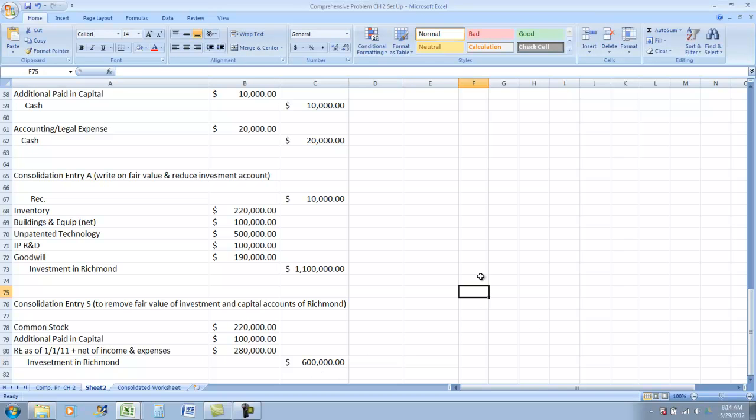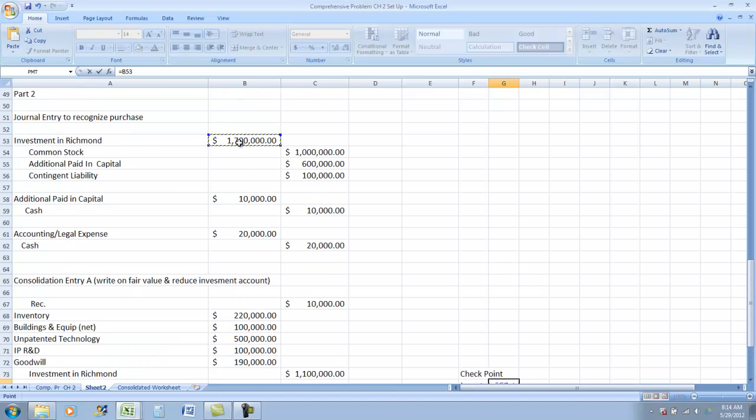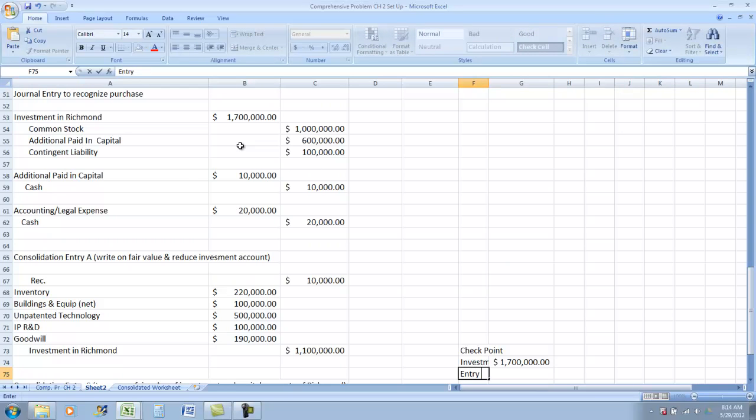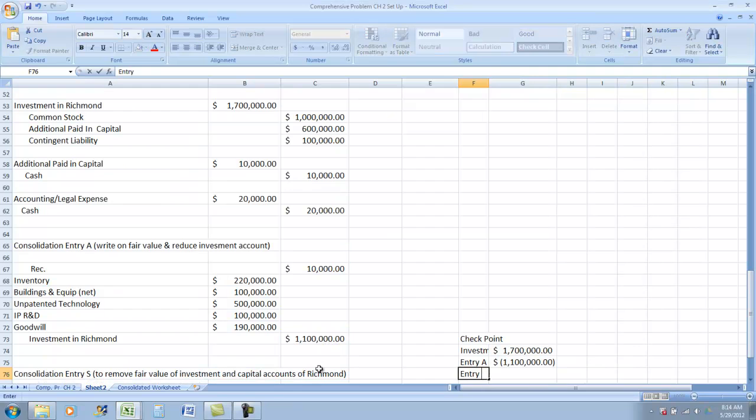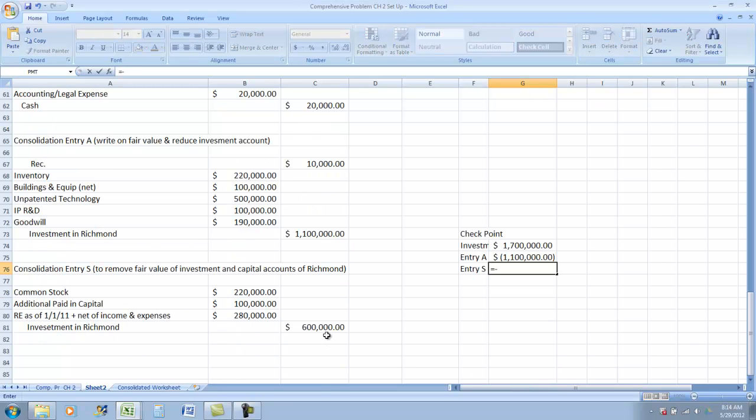So, checkpoint. Our investment balance is right here. Entry A, entry S. Add these all together.